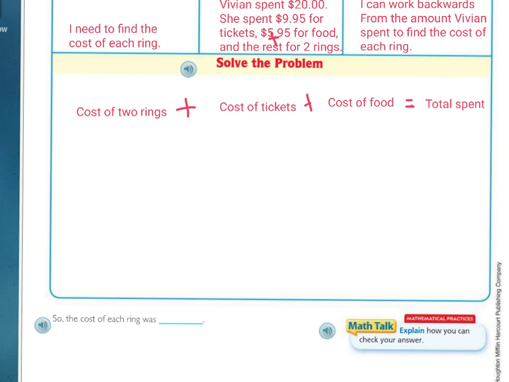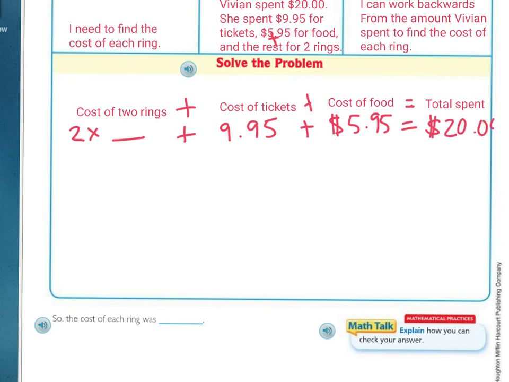So the cost of 2 rings is 2 times, we don't know, right? And the cost of the tickets was $9.95. And the cost of the food was $5.95, is going to equal that total spent, which was $20. Okay?